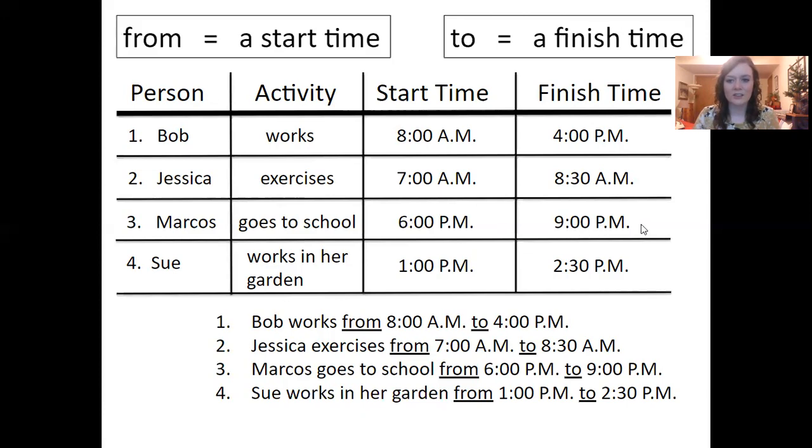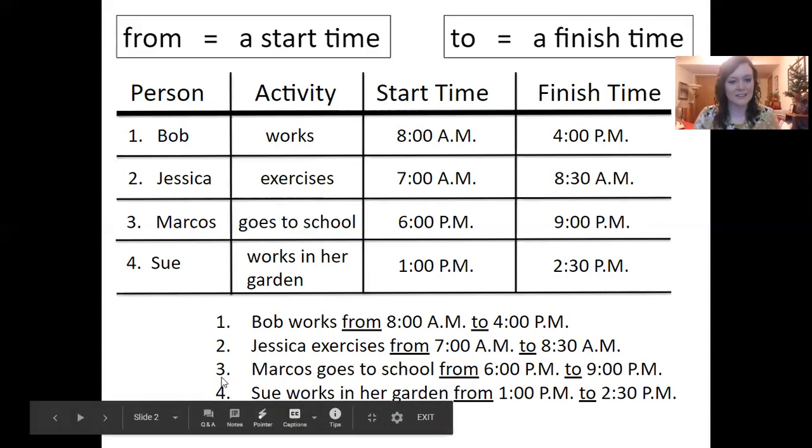He finishes school at 9 o'clock p.m. Let's look down here for an example sentence. Number 3. Marcos goes to school from 6 o'clock p.m. to 9 o'clock p.m. So here is the start time, and here is the finish time.